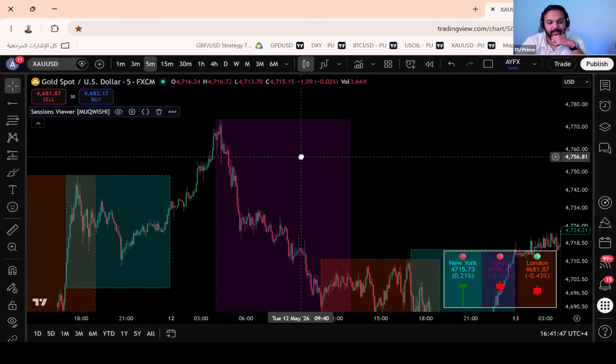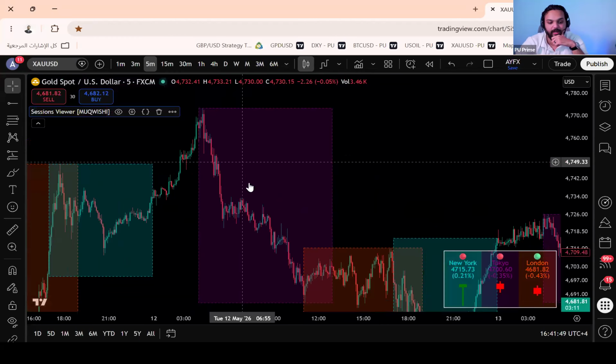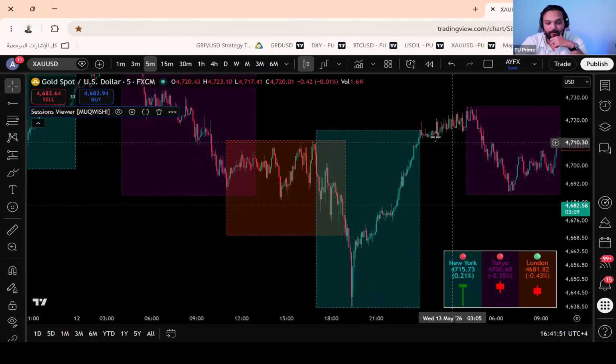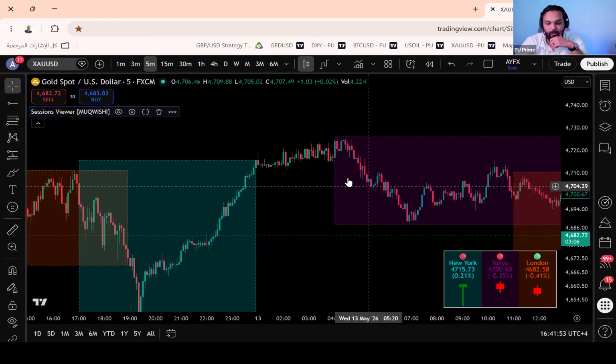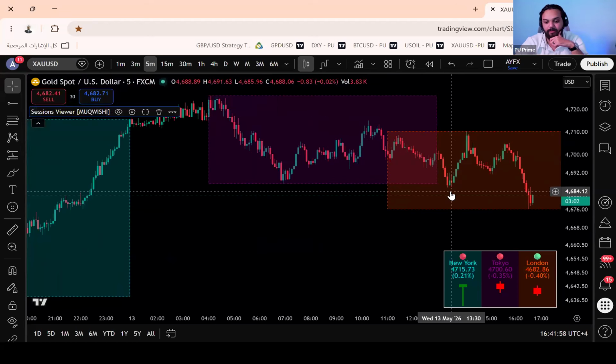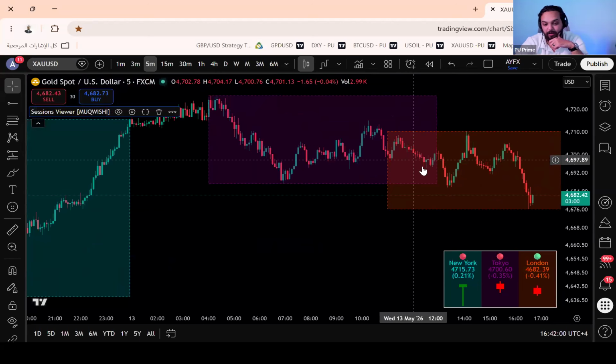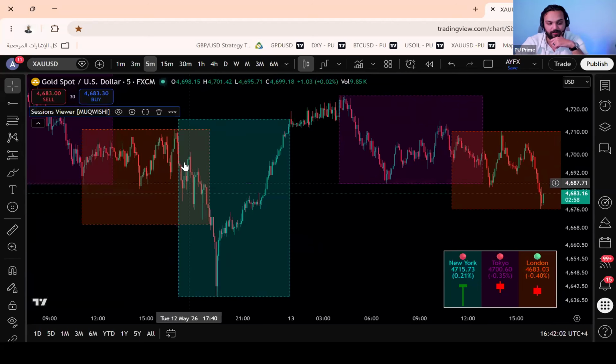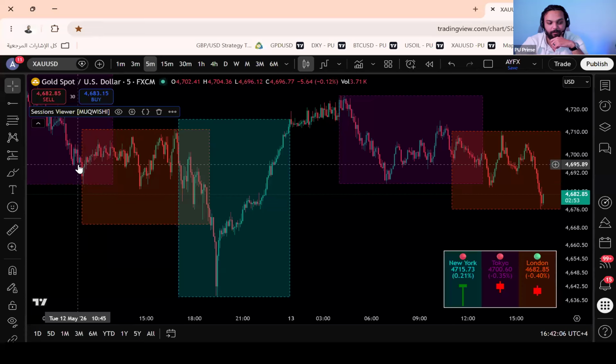As you can see here, guys, when the market opens, there is always going to be volume. When the market opens and when it closes, there is always going to be volume. So here, this is New York open. This is London open.